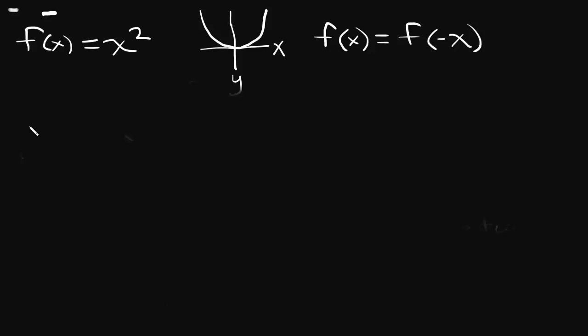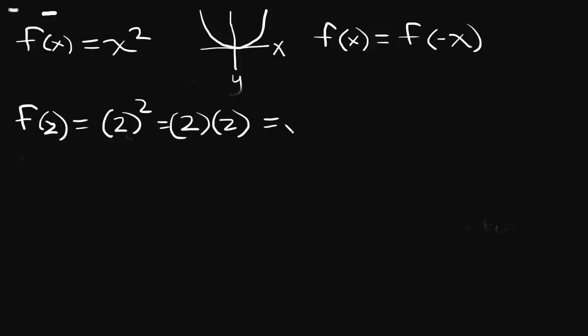If we use 2 as the value of x, then f of 2 is equal to 2 squared, which is 2 times 2, or 4. So if the x input value is 2, we get a y output value of 4, right about here.